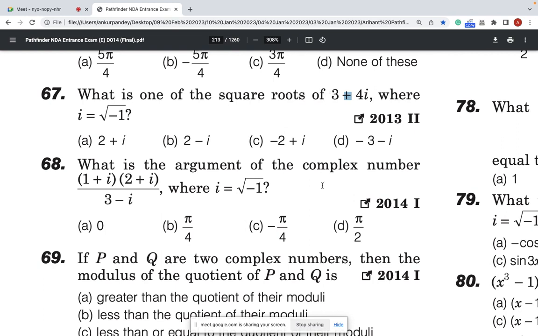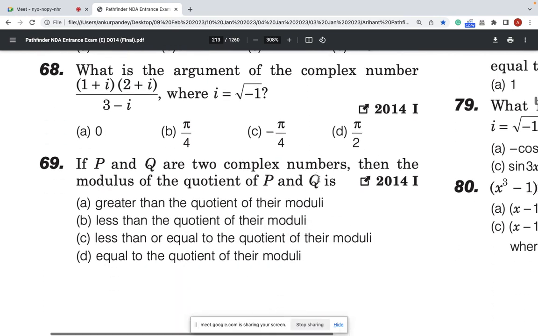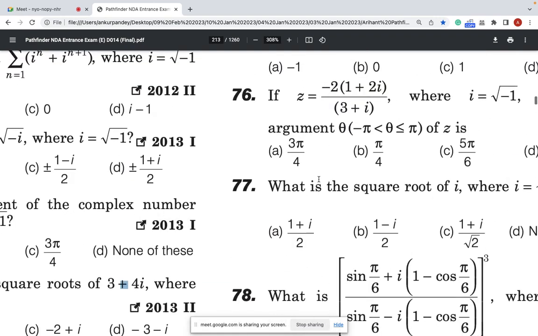Here, when you square alpha, you get 4 minus 1 plus 2 into 2i, which is 4i, and 4 minus 1 is 3. Hence alpha is our answer. Whereas when we square delta, we get 8 plus 6i, which is not our question. Clear?